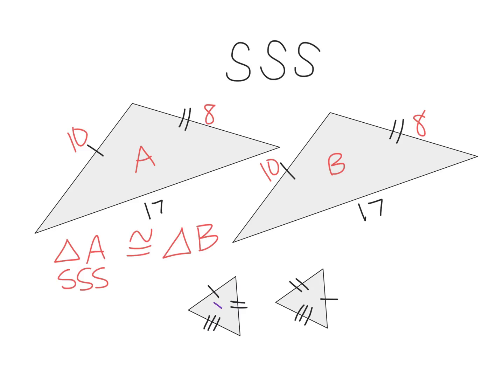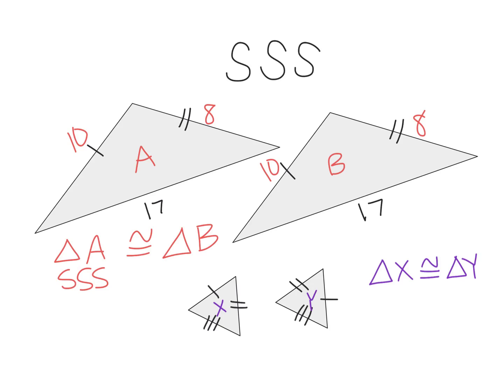So let's say I could call this triangle X and triangle Y. I can say triangle X is congruent to triangle Y because both of those triangles have sides that correspond, and they're showing that they each have sides that are the same. Okay? Does that make sense?